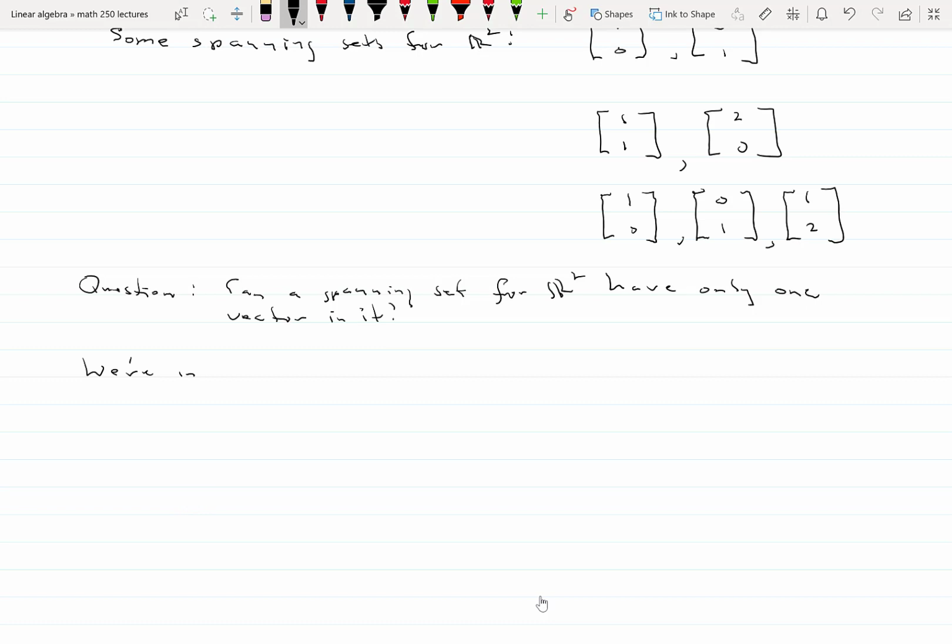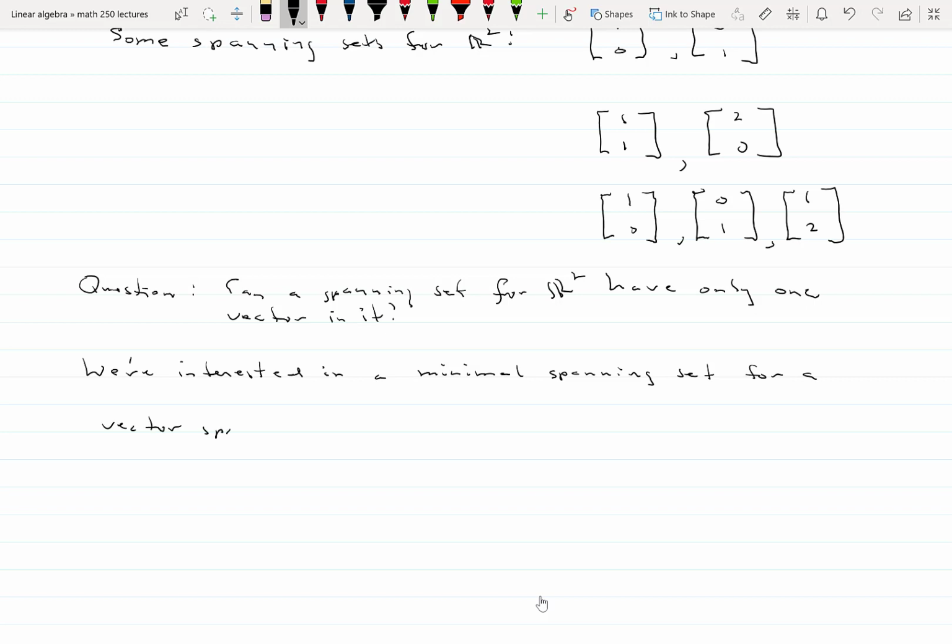We are interested in what's called a minimal spanning set for a vector space.